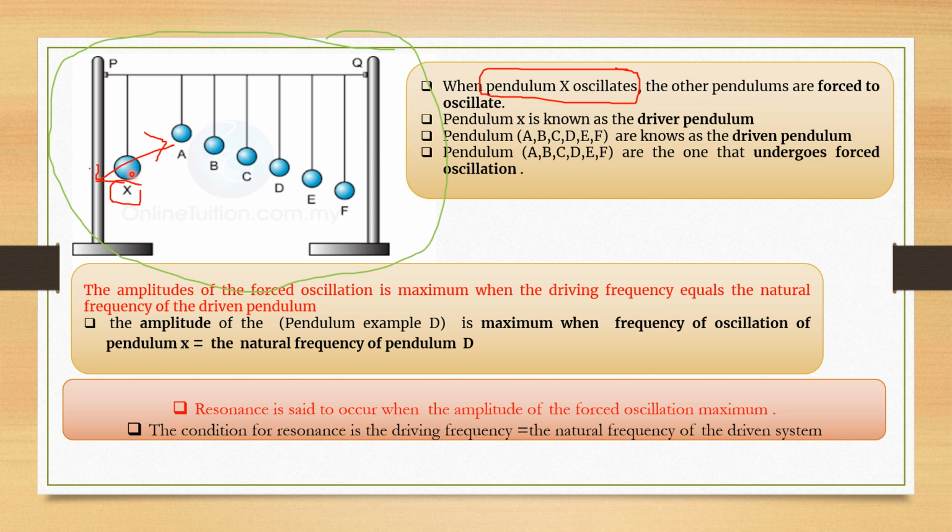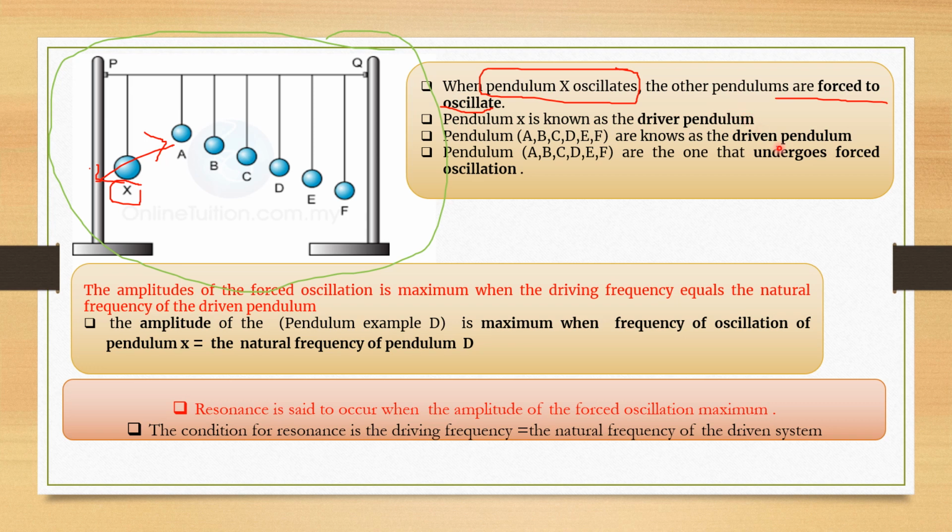So when X is oscillating, all these pendulums will be forced to oscillate. Pendulum X is known as the driver pendulum. Pendulums A, B, C, D, E, F are known as the driven pendulums. That means they are forced to oscillate because of pendulum X.